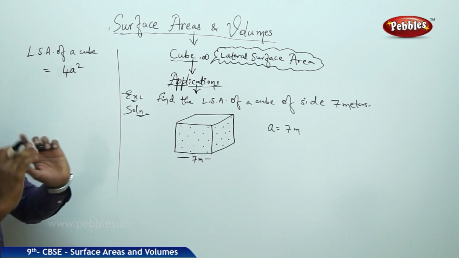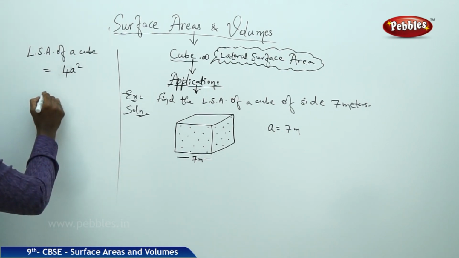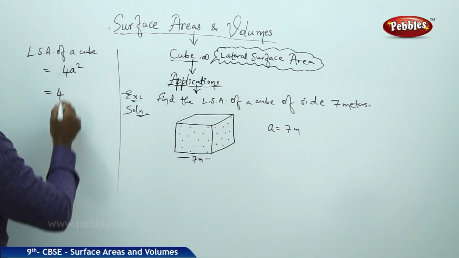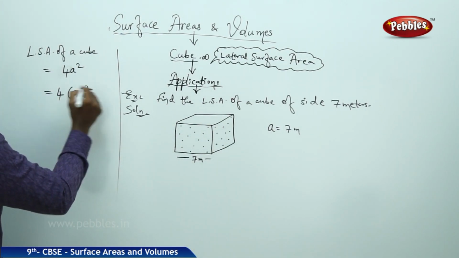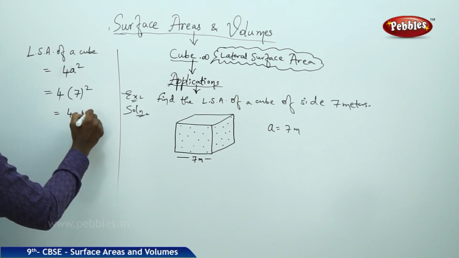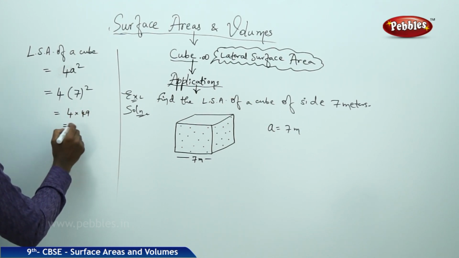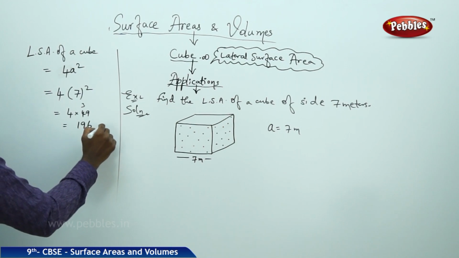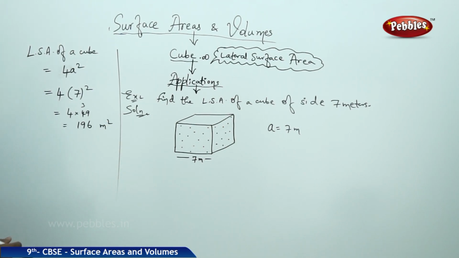So let's see how we can add up. Now that we know the value of a is 7, I just substitute the value of a, which is 7 sevens, 49, meter square is what we get.